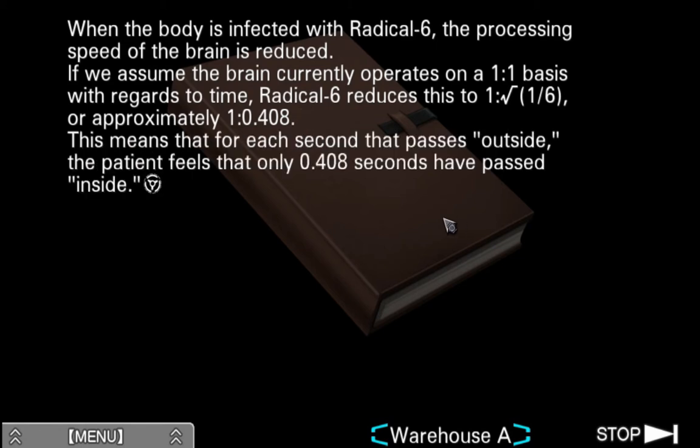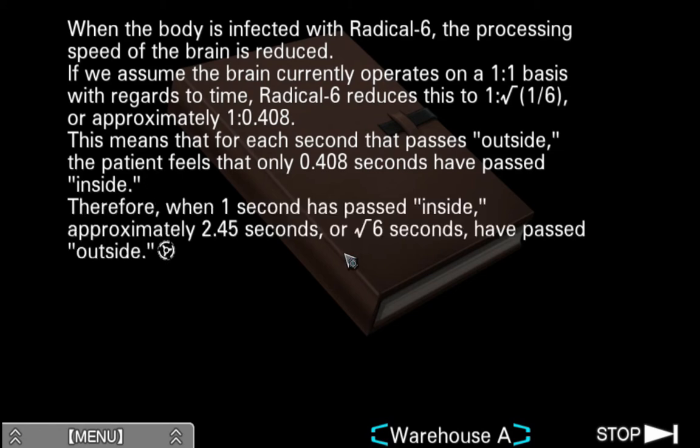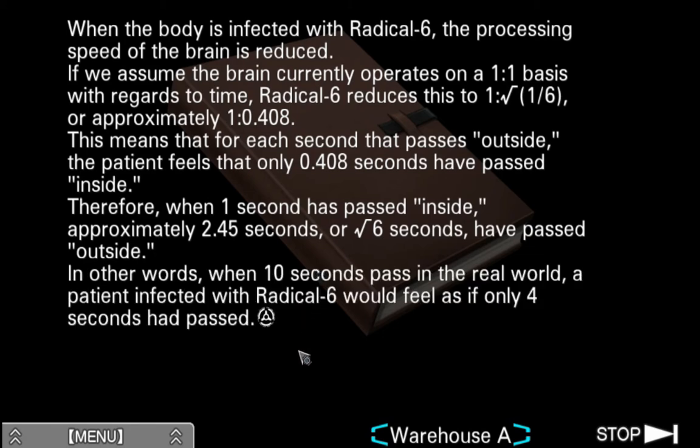This means that for each second that passes outside, the patient feels only 0.408 seconds have passed inside. So basically like half. Therefore, when 1 second has passed inside, approximately 2.45 seconds, or the square root of 6 seconds, have passed outside. In other words, when 10 seconds pass in the real world, a patient infected with Radical 6 would feel as if only 4 seconds have passed.